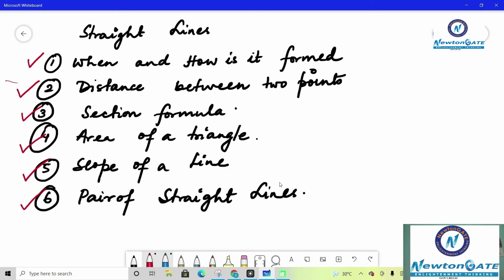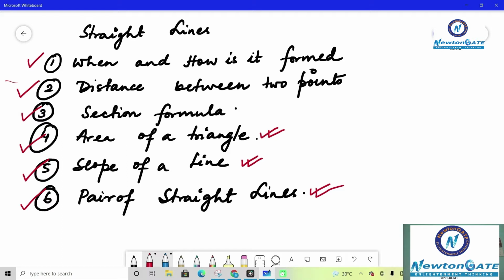The straight line concept is divided into 6 major points, and these are the major topics that we are going to cover. Out of these, pair of straight lines, slope of a line, and area of a triangle are the most important topics for your Mains. So, let's begin.